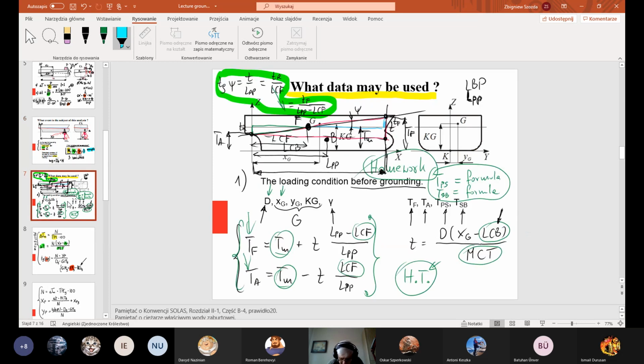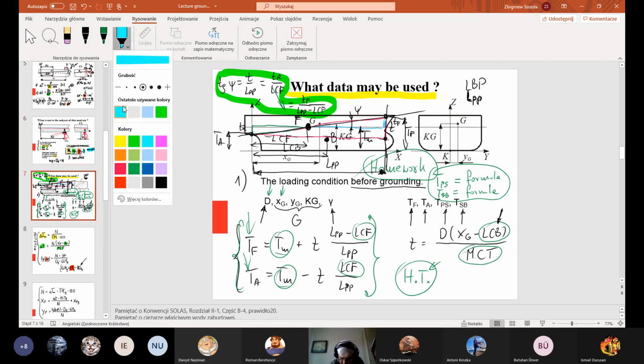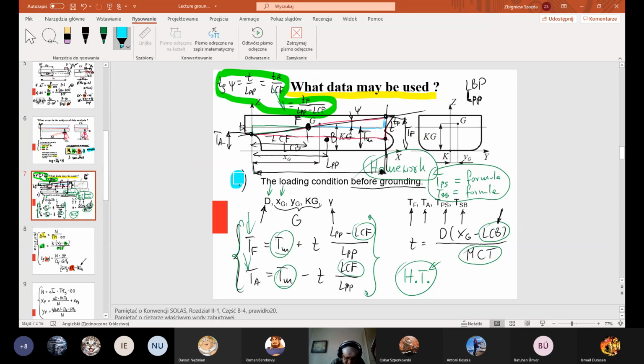And this slide shows the result of our discussion. The first source, the first package of information, is the loading condition before grounding. Before grounding, it means freely floating vessel. Yeah, the loading condition. This is data for our calculations.